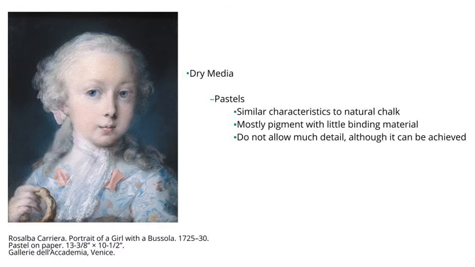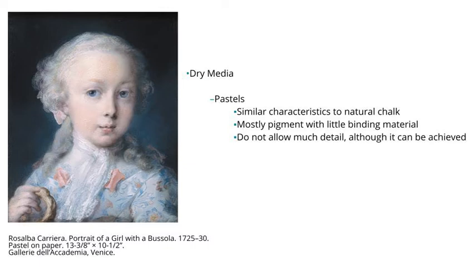Now, another form of dry media is pastels, like oil pastels or any form of pastels. They have similar characteristics to natural chalk, but they're a bit more wet, if that makes any sense. It's like a very fancy crayon, but wetter and softer. They're mostly made of pigment with very little binding material, so it's a lot of color there.